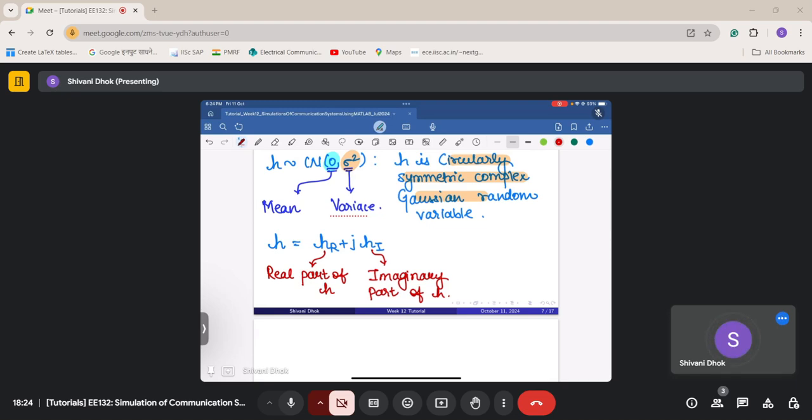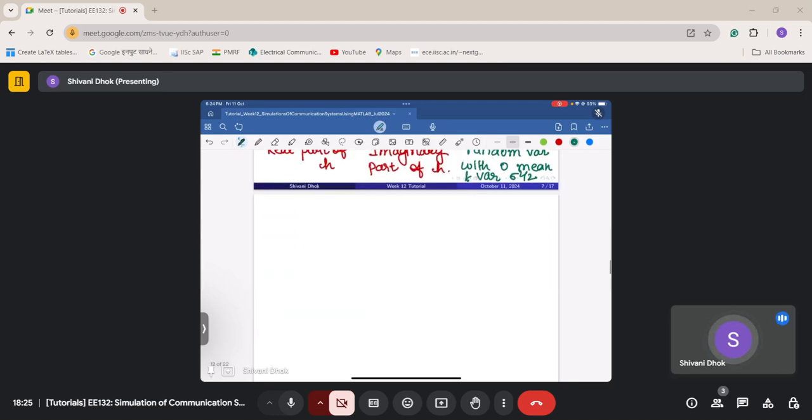Okay, and for a circularly symmetric complex Gaussian random variable, this HR and HI are IID Gaussian random variables with zero mean and variance sigma square by 2.